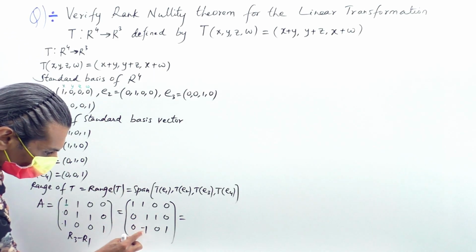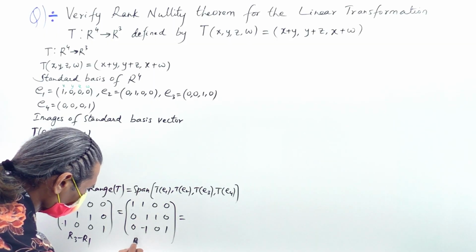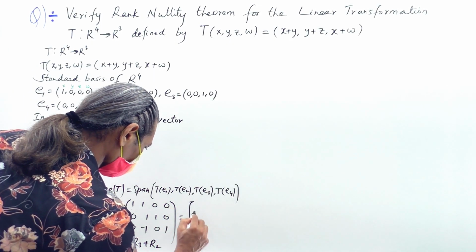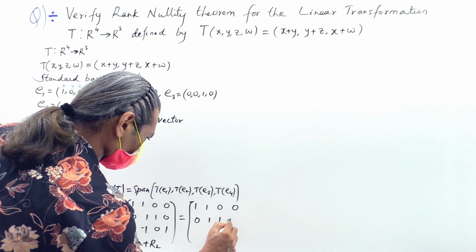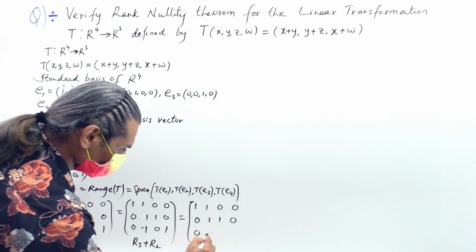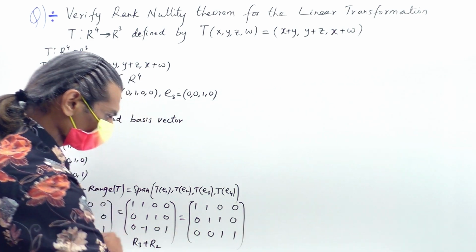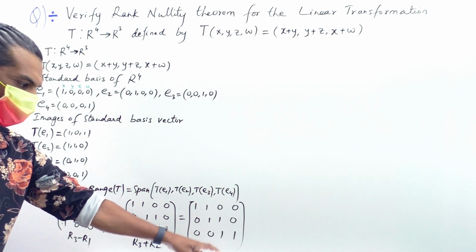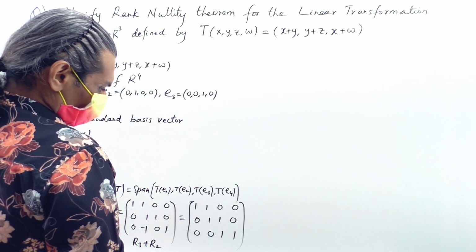So minus 1 plus 1 becomes 0. The rule is R3 plus R2, which yields 1, 1, 0, 0, 1, 1, 0, and 0 plus 0, 0, minus 1 plus 1, 0, 0 plus 1, 1 and 1. Even if you want to make this 0, you can, but I don't think it's required. Now we are done.